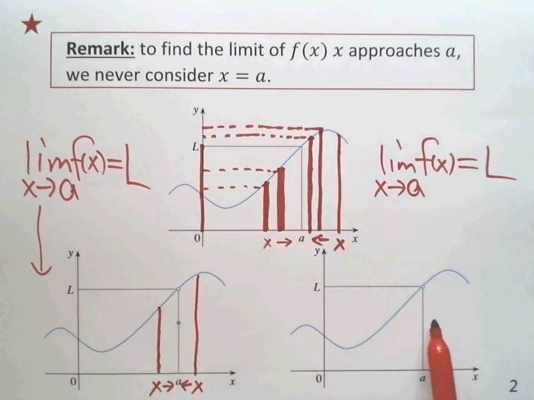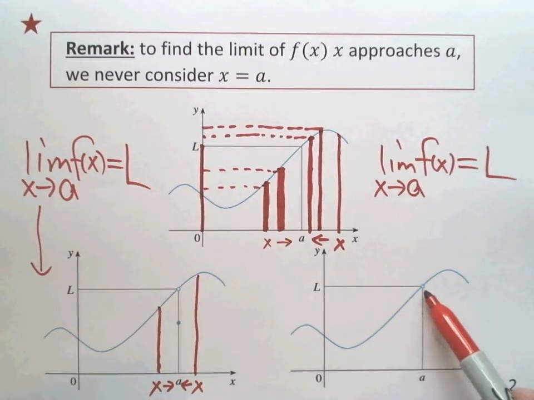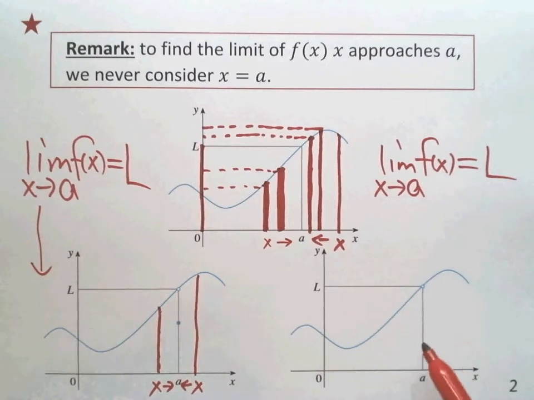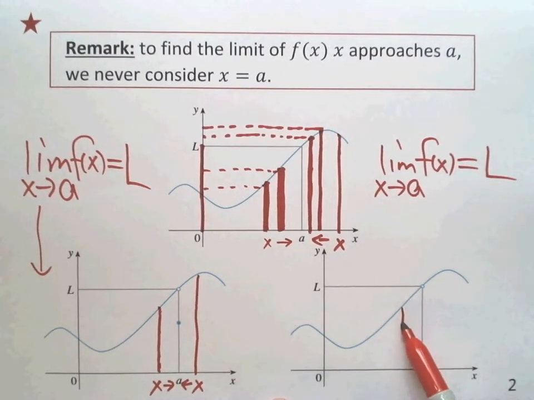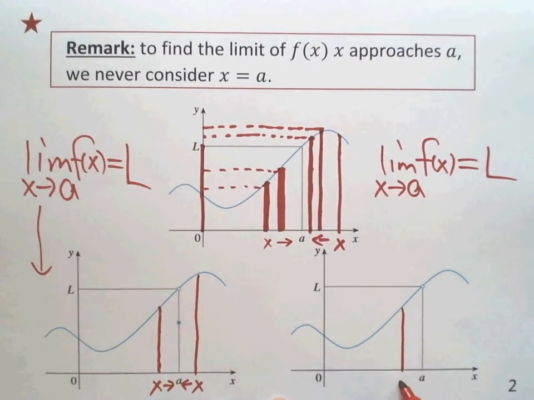One more. Can you look at this? Even if we did not define the value of f at a. See, this is an empty circle, not defined. If we look at the pattern of the value of f(x), no matter whether x approaches a from the left side or from the right side, can you see?